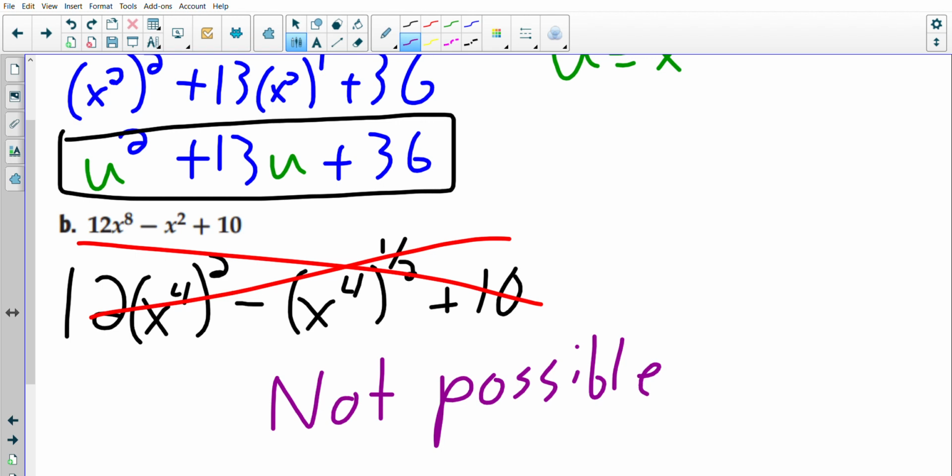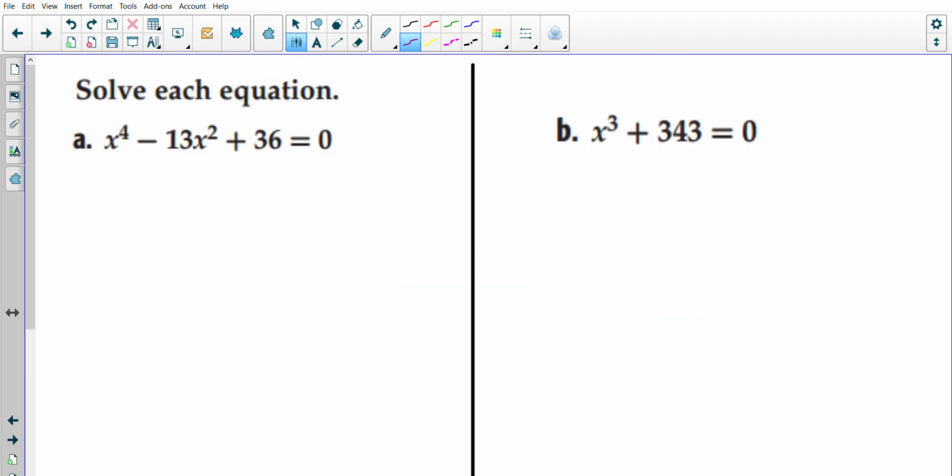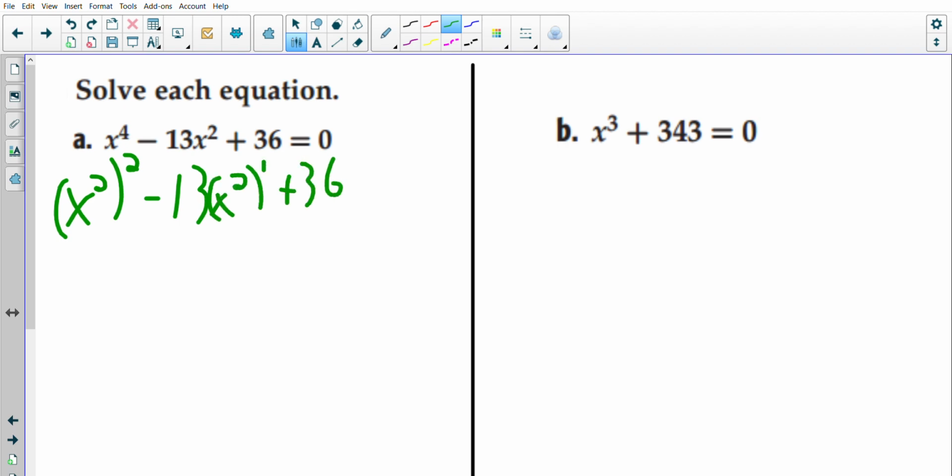Okay, so we can use this to our advantage to solve. So solve each equation for the variable x. So now let's look at this. So I want to rewrite this as, again, x to the fourth minus 13x squared to the first plus 36 equals 0. So I'm going to rewrite it as, well, u can be equal to x squared. So anywhere there's an x squared, I'm going to put u.